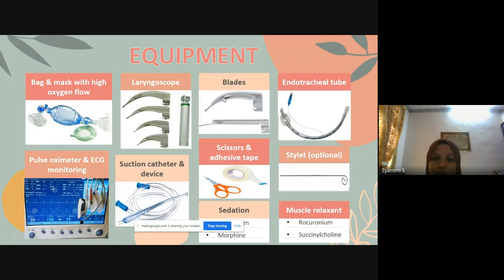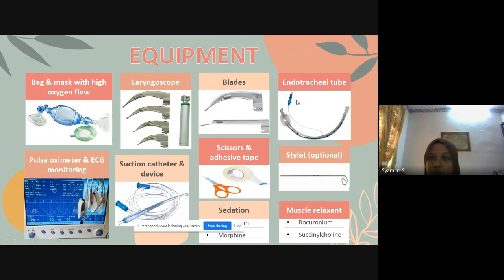And the size depends on the child. For neonates, we use a size 0 or 00. For infants, we use 1, or sometimes 0, depending on the size of the patient. And for children we use size 2. And then the endotracheal tube.